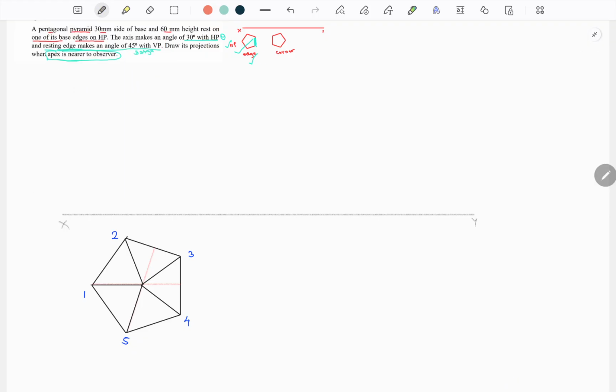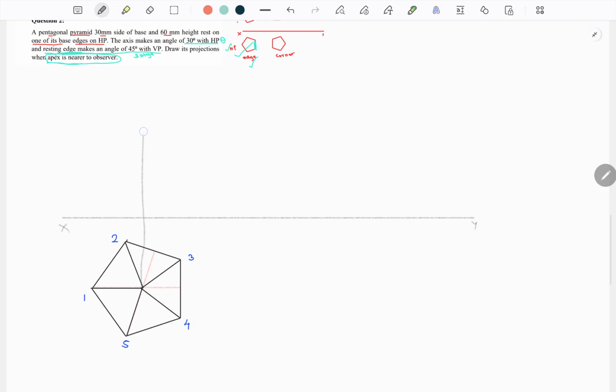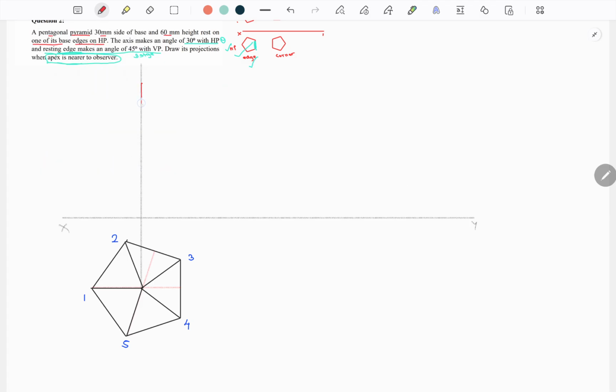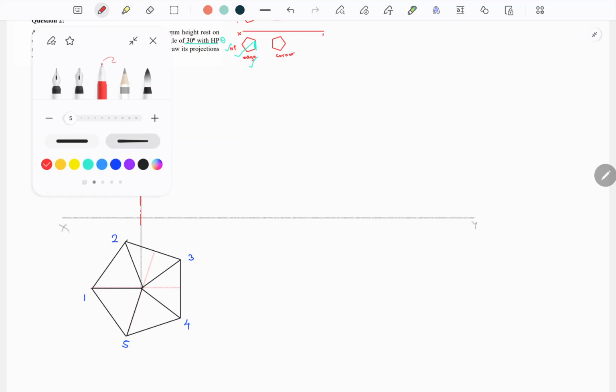For drawing its front view, first let us take the projection of its center line. The center line we need to draw. How much is the height? 60 millimeters. So you locate the point at a distance of 60 millimeters.